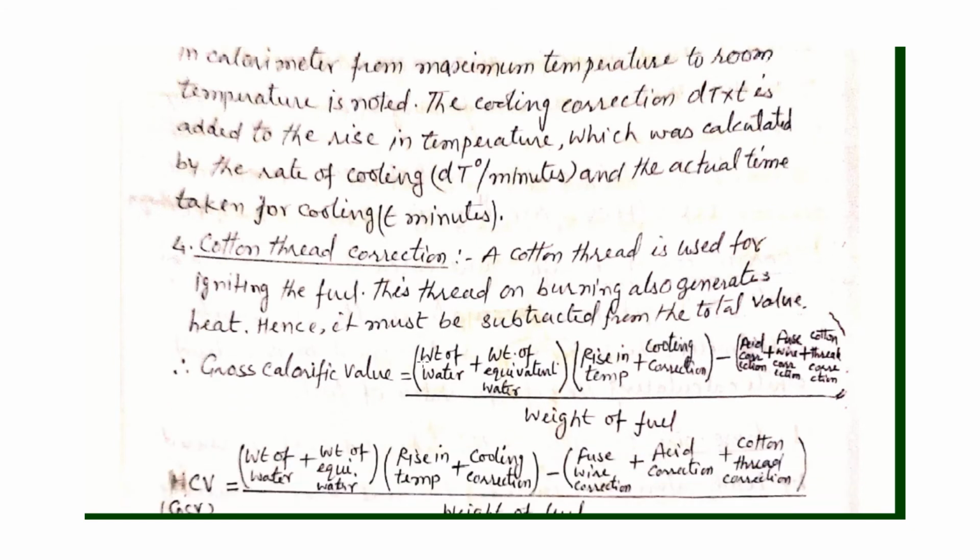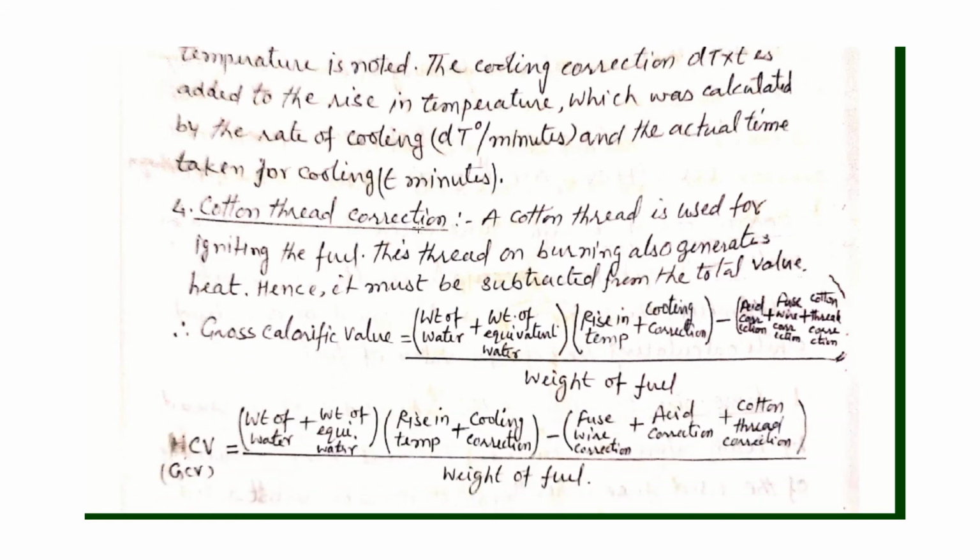Then another correction is the cotton thread correction. The magnesium fuse wire and fuel are covered with cotton threads, and before starting the experiment we have to take the weight of the cotton thread also, because on combustion it also releases heat, which accumulates in the fuel heat, so we should subtract it from the total heat.